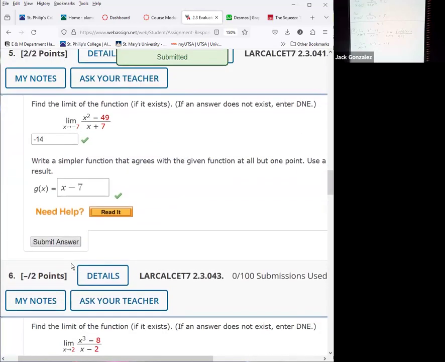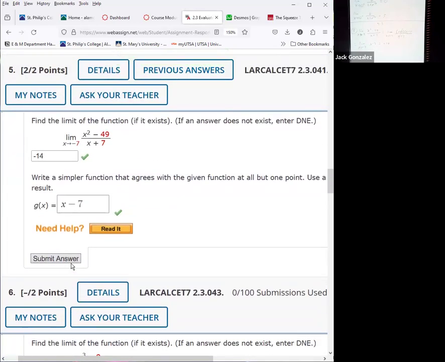Any questions on 5? Does that make sense? For test purposes, is it okay if we write x minus 7 equals -14, or are you going to want us to show the step -7 minus 7 equals -14?